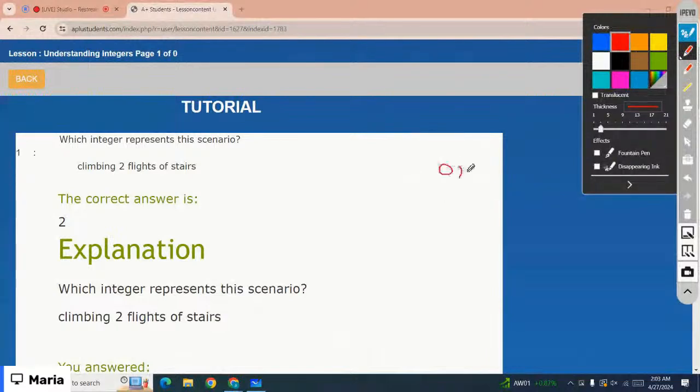You have 0, 1, 2, 3, and so on. On the other side, you have all the negative numbers. Positive numbers are increasing as you are moving far from 0, and negative numbers are decreasing as you are moving far from 0.